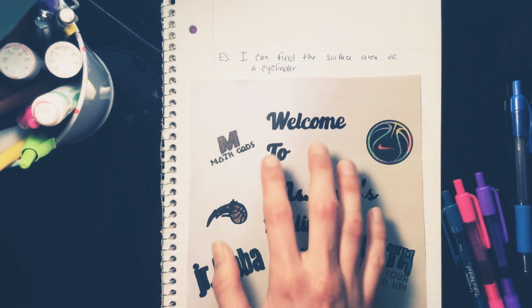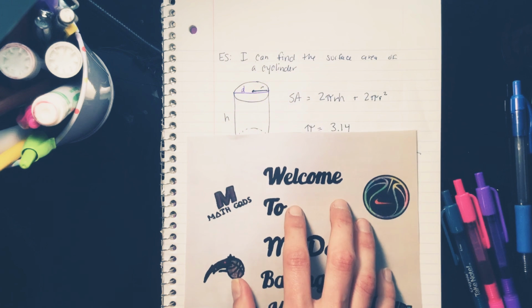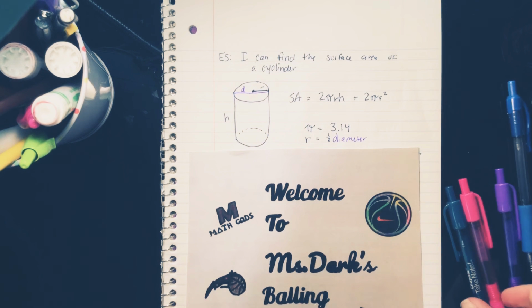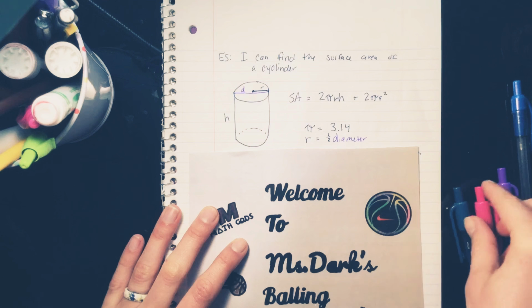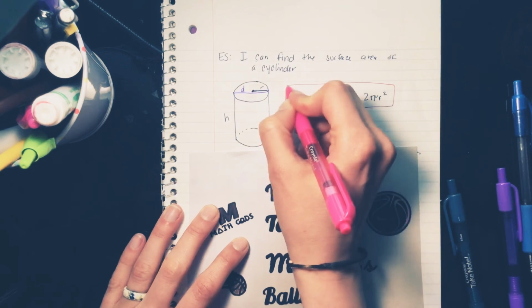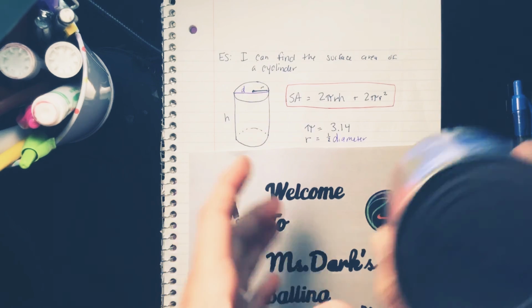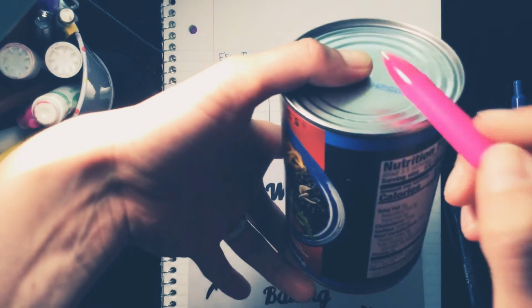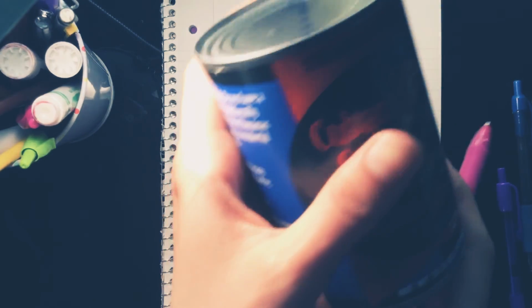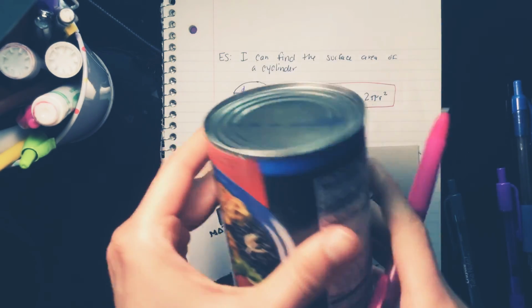All right, so with surface area, you're given a formula, and this formula is going to help you determine what the surface area is. We've got two parts. The top and the bottom section of this cylinder is one part, and then the label is the second part.